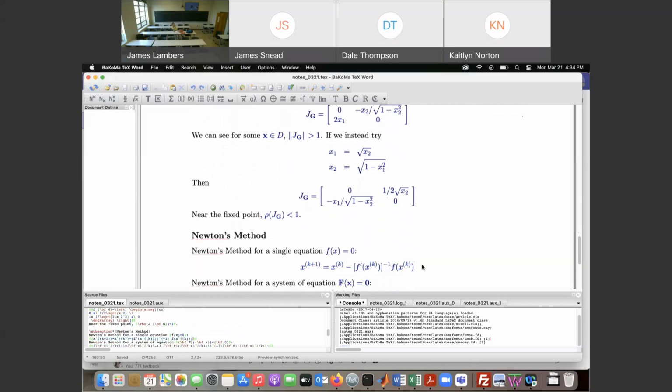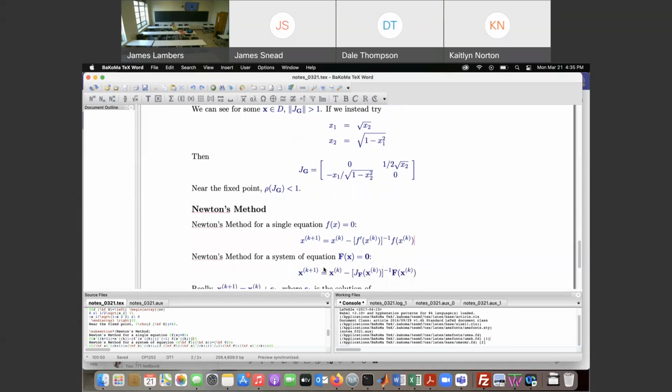So the way I've written it before is x_{k+1} is equal to x_k minus f of x_k divided by f prime of x_k. But I can just write it as multiplying by 1 over that. And I've written it this way so you can more readily see how it generalizes to a higher dimension. So instead of thinking of it as dividing by the derivative, I'm multiplying by the inverse of the derivative.